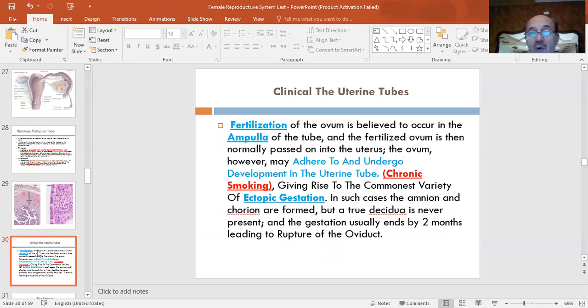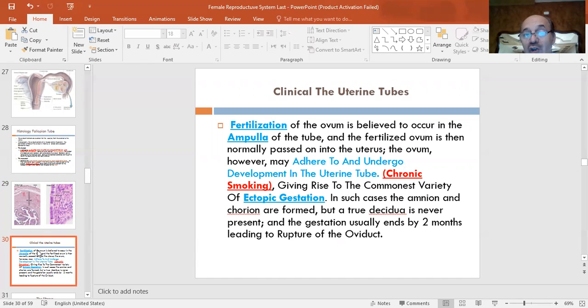All right. Now, another clinical aspect that could occur, that sometimes due to some problem the oocyte does not move from the ampullar region to the uterine cavity after fertilization, the pregnancy continues over there, and in regard to the small size or small lumen of the fallopian tube with the growing fetus, then the female will complain of amenorrhea, the absence of the menstrual period, but at the same time she will complain of pain on the sides of the lower abdomen and possibly increase in size.